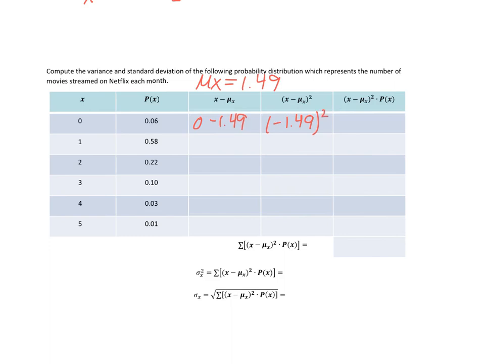And we're going to square it, and then we're going to multiply it by the corresponding probability. Okay, and then whatever that is, we're going to add them all up here, and that's the sum. And then we're going to take the square root, and that will be our standard deviation.